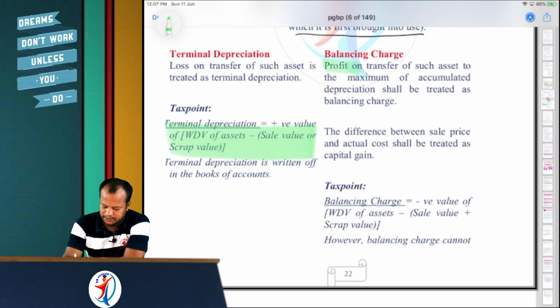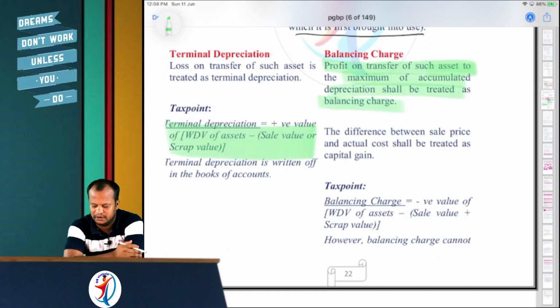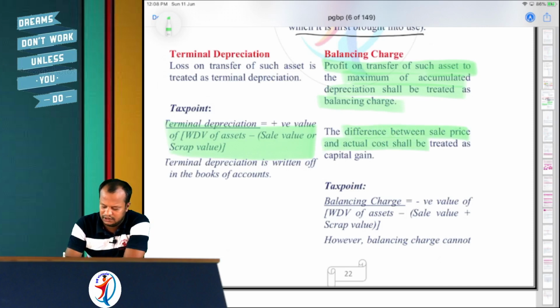If there is profit on transfer, it means selling price minus WDV, to the maximum of accumulated depreciation shall be treated as balancing charges. The difference between sale price and actual cost shall be treated as capital gain.